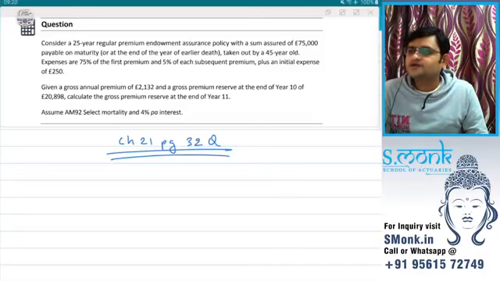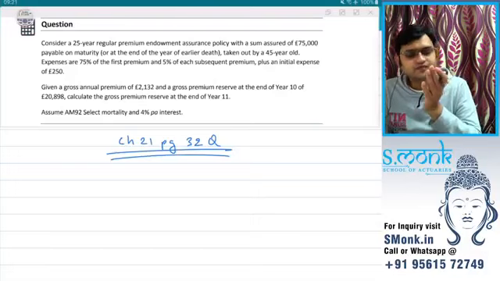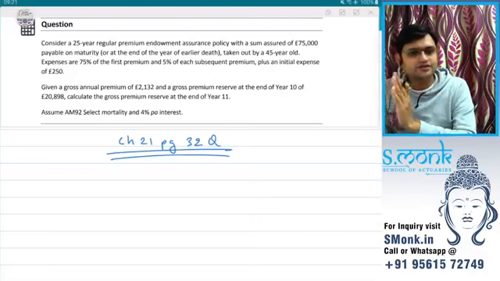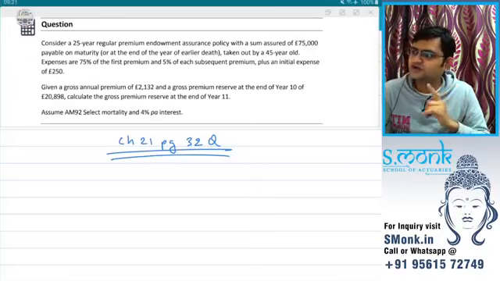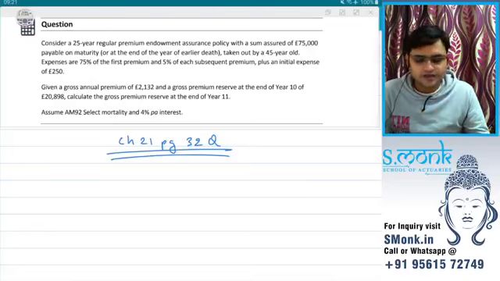So the gross premium reserve at the end of the 10 years is 20,898. Calculate the gross premium reserve at the end of the 11th year. So we have the value for the previous year. We are talking about what is the reserve that we will have for this year. They are saying AM92 select mortality and 4% per annum interest.